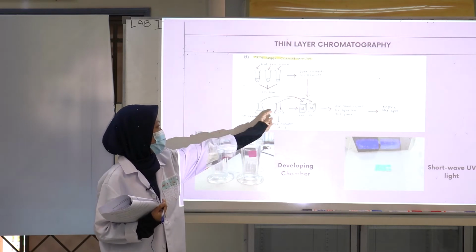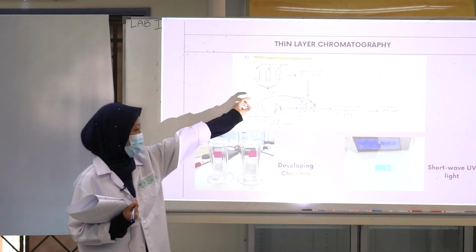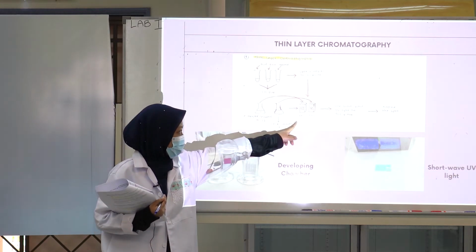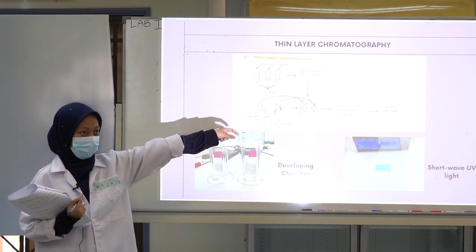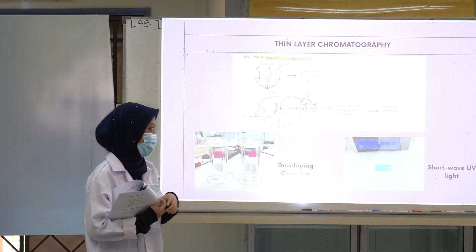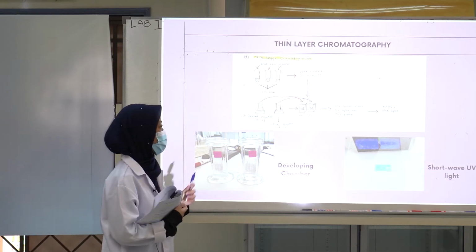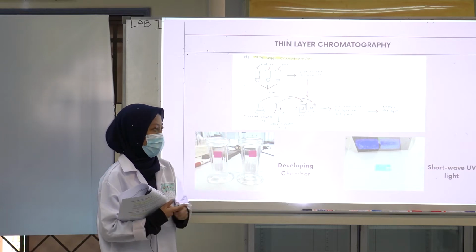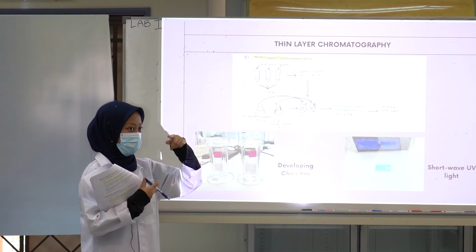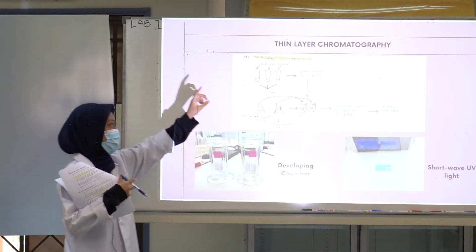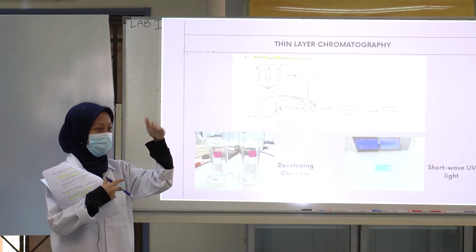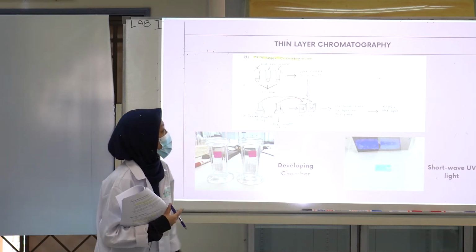After that, spot the TLC plate with a droplet. We put it into the development chamber. We close the lid, and then we observe which droplet will go, which solvent will go faster to the solvent front, the line at the top.